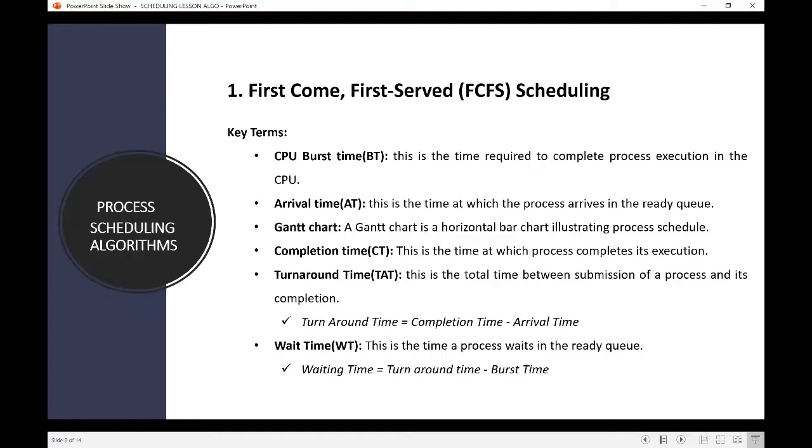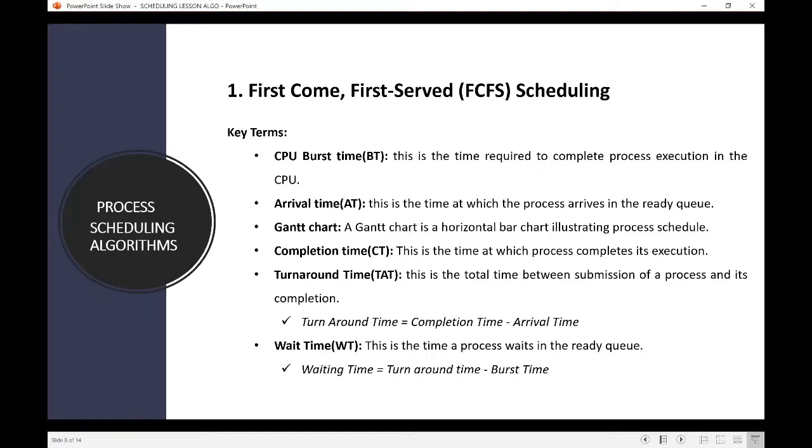We also have wait time, which is the time a process spends in the ready queue waiting to execute. To calculate that, we use the formula: turnaround time subtract, or minus, burst time, which is the total time a process should use in the execution.